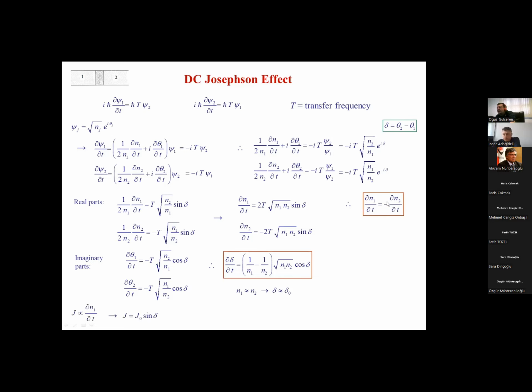So we can combine with a minus sign. So based on this simple analysis, just looking at this rate, we can conclude there will be a supercurrent, this tunneling current based on this DC Josephson effect, based on sine delta. Delta is just the phase difference between these two.